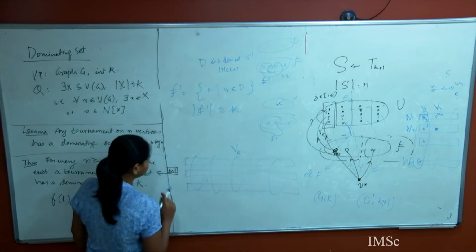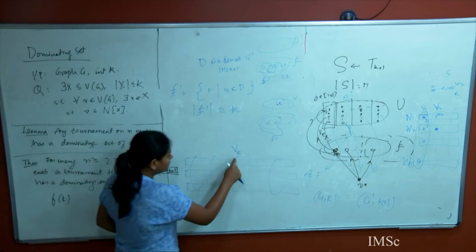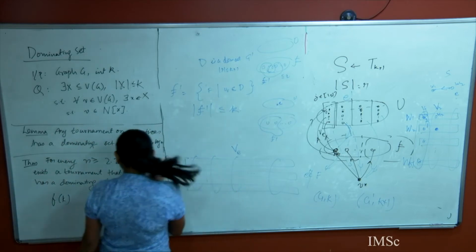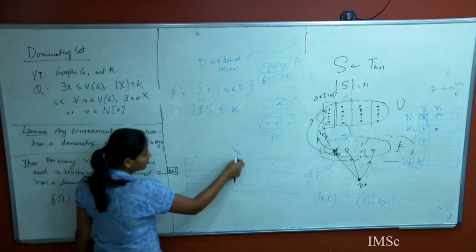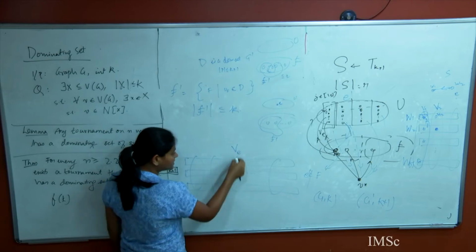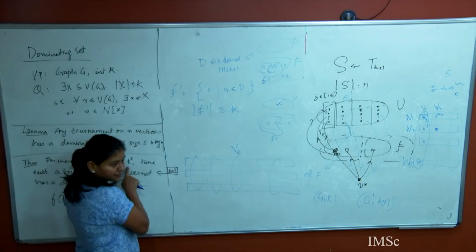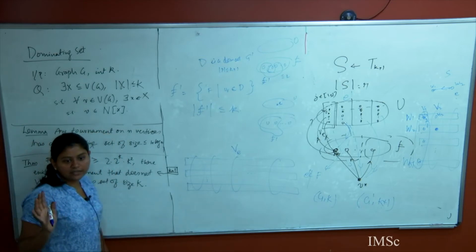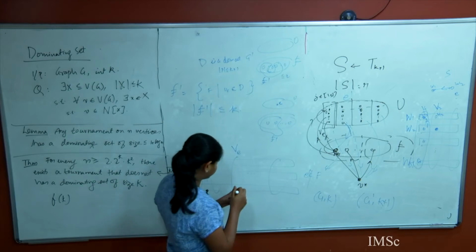Okay. So notice the number of vertices that I have created: elements in a column, it's 2 into 2 to the k into k square, and I just have a dominating set of size k plus 1, okay?